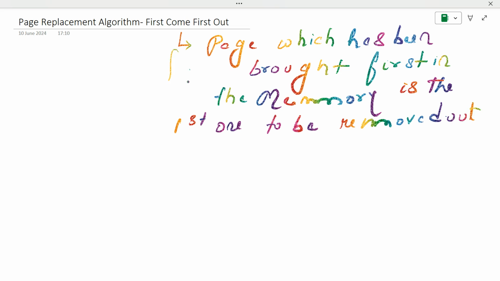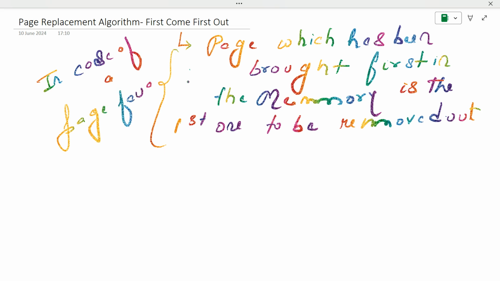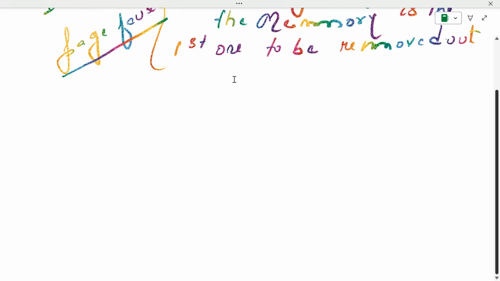Okay, in case of a page fault, the page which has been brought first into the memory is the first one to be removed out. So this is the basic idea for first come first out.